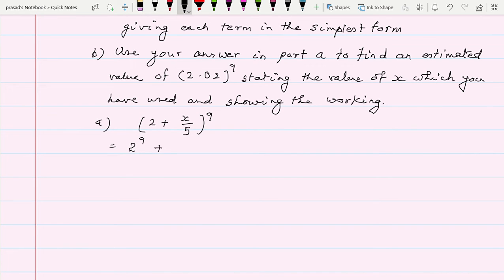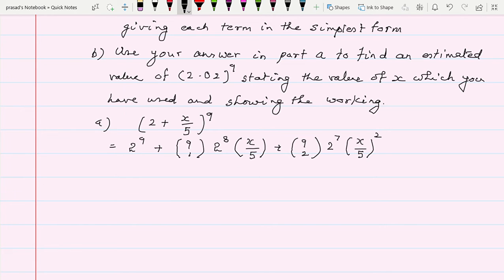The next coefficient will be 9c1, reduce its power by 1, 2 to power 8. Introduce x upon 5 here. Then 9c2, reduce its power by 1, that is 2 to power 7, x upon 5, increase the power by 1, x upon 5 the whole square.